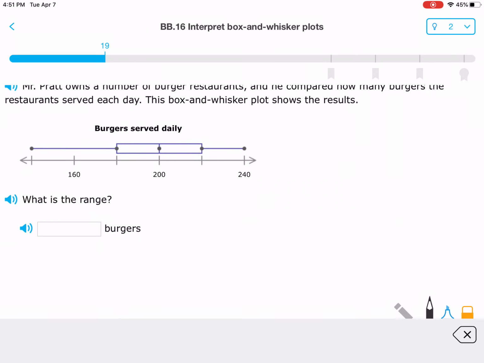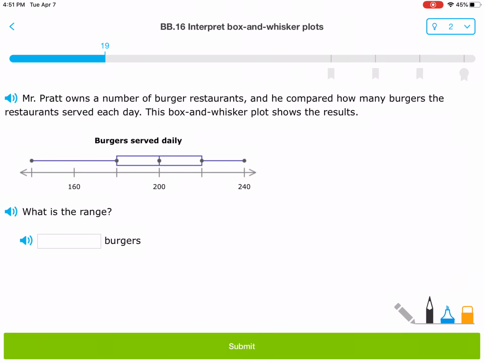Mr. Pratt owns a number of burger restaurants and compared how many burgers the restaurant served each day. The box and whisker plot shows the results. What is the range? So the highest minus the lowest. I'm hoping that's what you're saying. We need to figure out what we're counting by. So from 160 to 200, that's a range of 40.